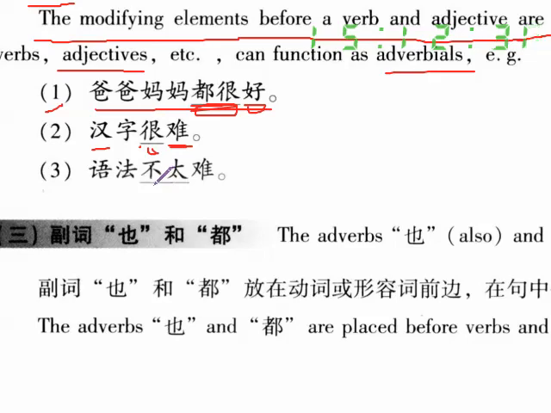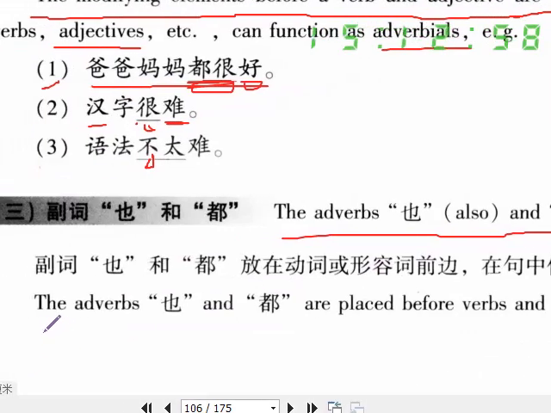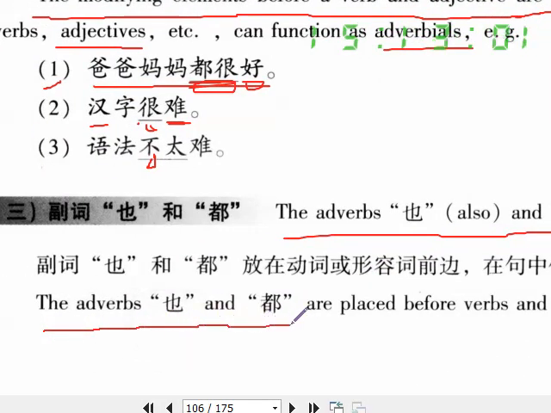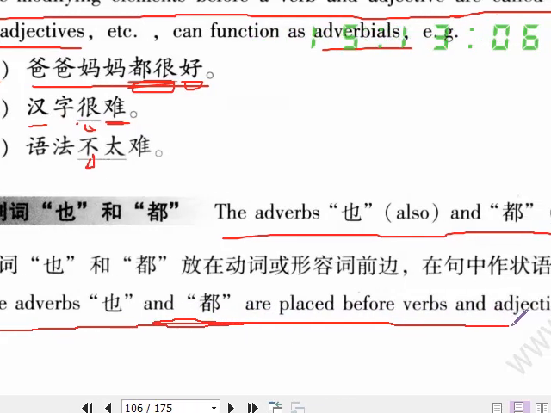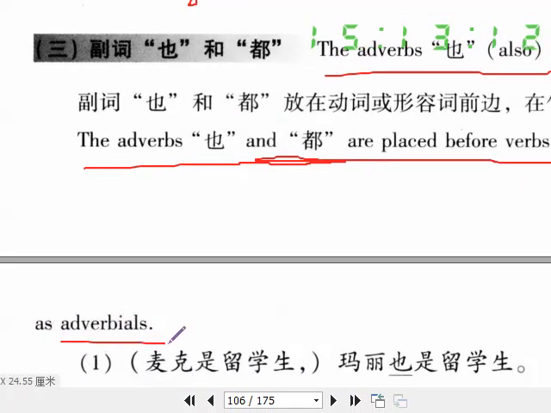But English maybe you said this is just 不太难, 不 is negative, it's okay. Don't stress this the adverb or not. 也 and 都 are both adverbs, placed before verbs and adjectives, and the function is adverbials.